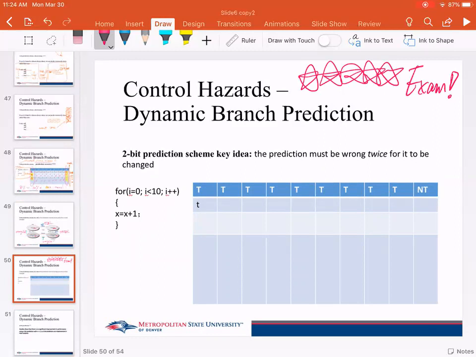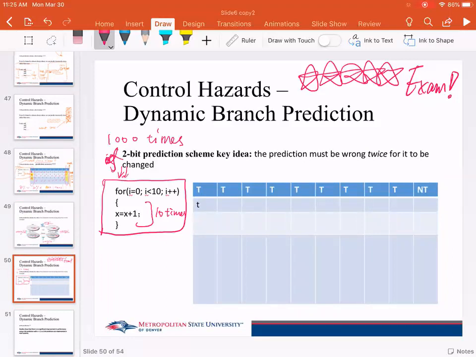So if I have a 2-bit prediction scheme, suppose we're still doing the for loop, and this for loop will be executed 100 times or 1,000 times. Each time I execute this, I need to implement the body 10 times. However, this whole program can be executed 1,000,000 times, right?